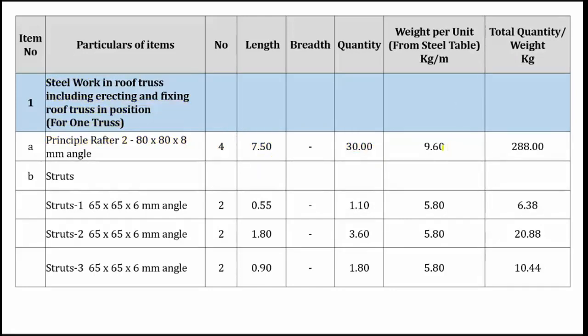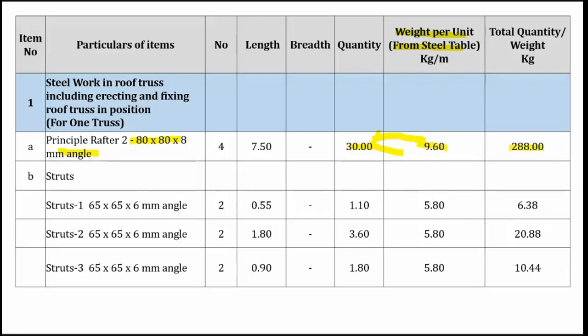So the next is that we have to calculate the quantity. If you see the steel table, from the steel table we are going to get the weight per meter of this angle section. So weight per meter of this angle section is 9.6 kg per meter. Kg per meter multiplied by meter, that is weight multiplied by this quantity.